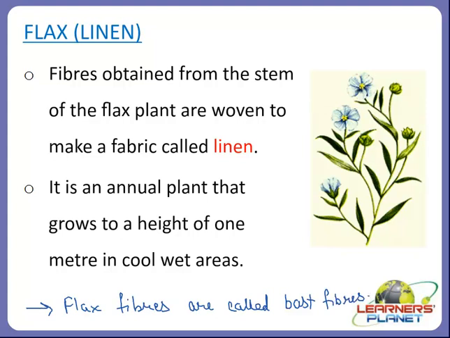Okay, so they are known as bast fibers, which are located towards the outer edge of the stem, right? And they are extremely strong and lightweight. That is why the plants are cut near the ground and soaked in water, and then they are beaten. Why are they beaten? So that they can loosen the fibers.